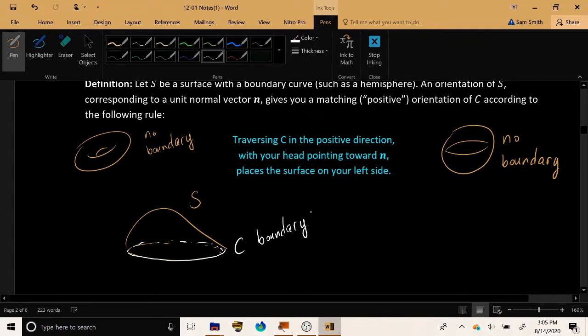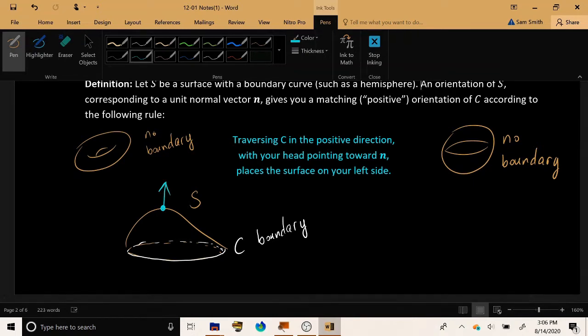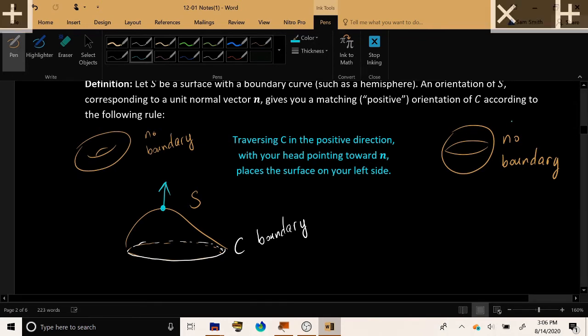Now, when we are talking about curves and parameterization of curves, curves have an orientation. They can be traversed in two different directions. And surfaces also have an orientation. They have two sides to them, and a choice of one of those sides is an orientation of the surface. Now suppose that you have chosen an orientation of the surface. Maybe I will indicate it with this blue normal vector here. In that case, there is an orientation of the curve that is matched to the orientation of the surface, a matching orientation.